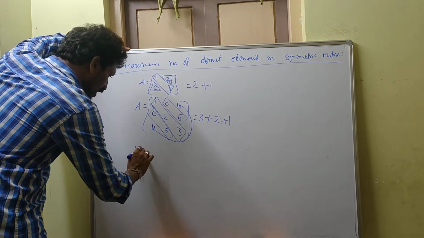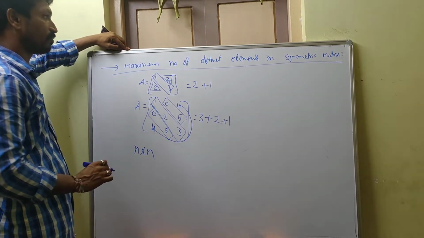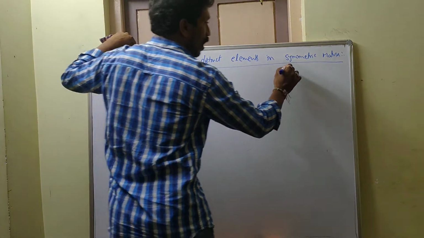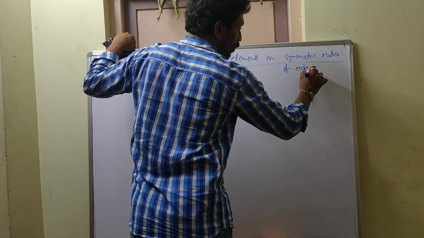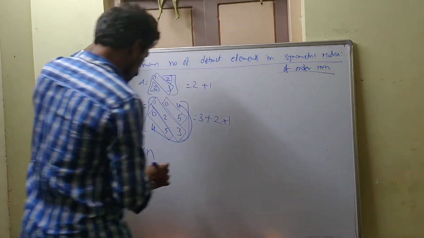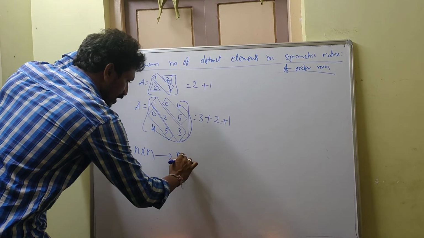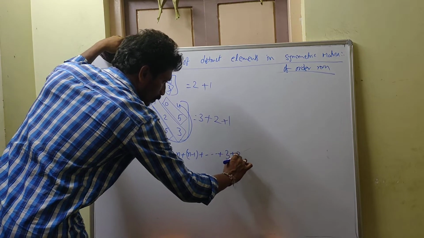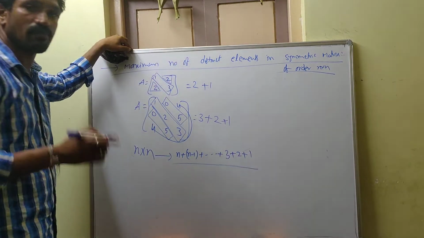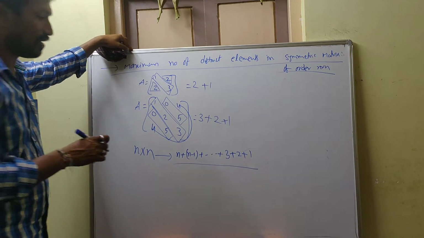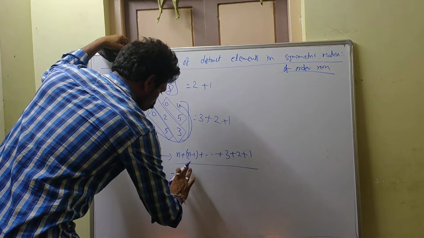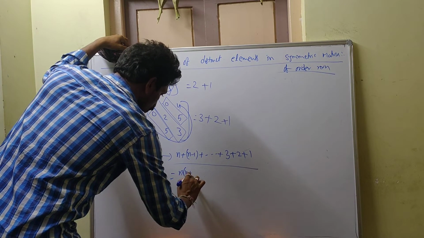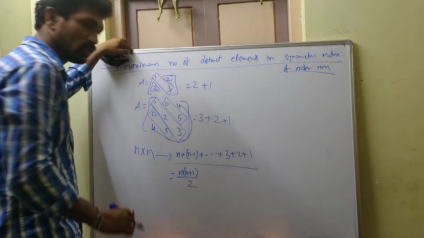If you go for n by n, a symmetric matrix of order n by n, then n plus n minus 1 plus and so on plus 3 plus 2 plus 1. This is nothing but the sum of the first n natural numbers. What is the formula? n into n plus 1 by 2. That is the answer.